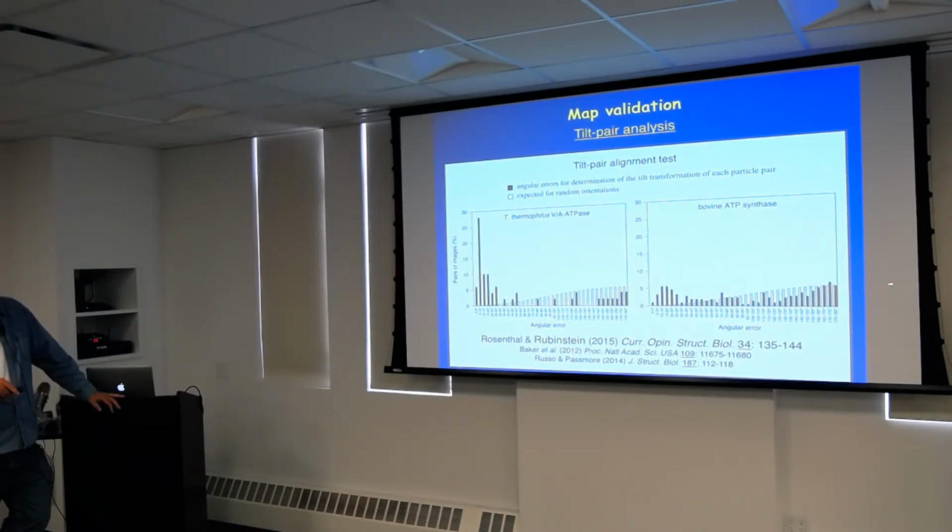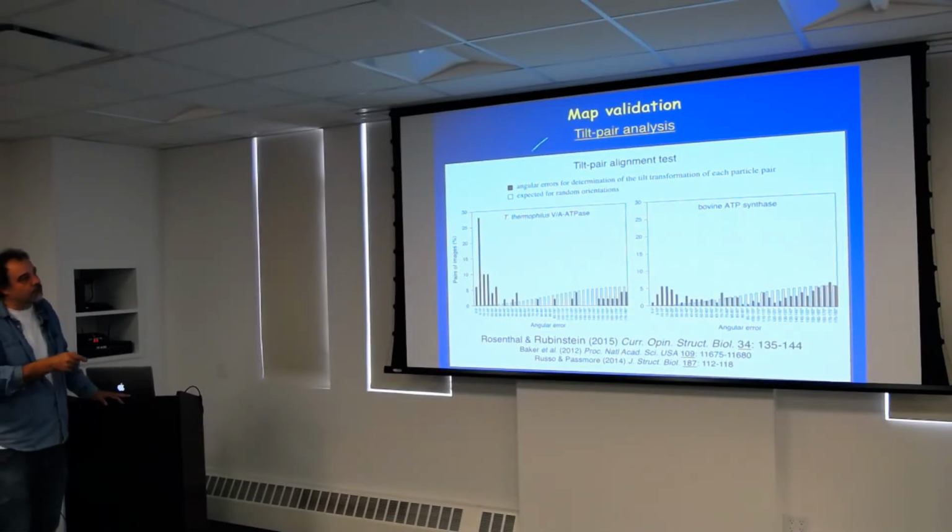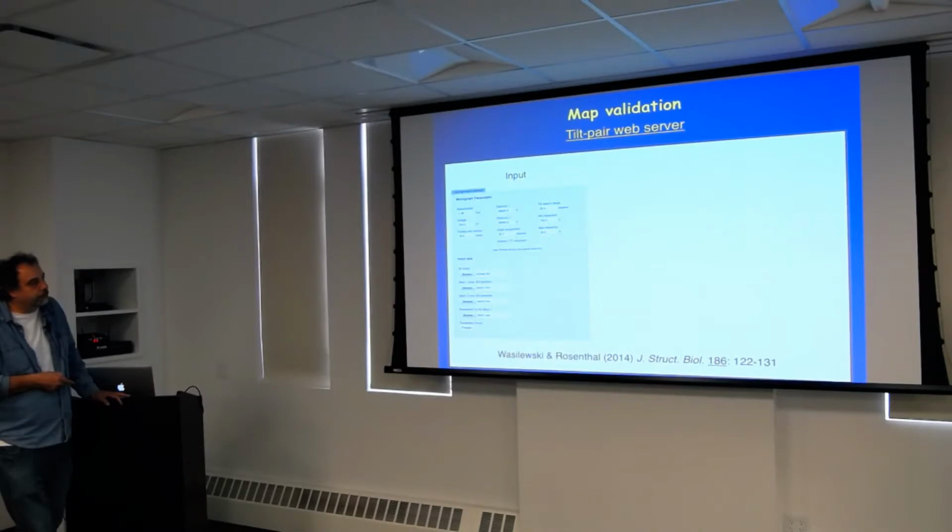It's much more similar to noise, but there is still a certain peak that is actually reliable. So the question is always where you put the threshold, when do you call a map reliable and when do you not. But at the time, this was really a very good method to see whether your map is reliable or not.